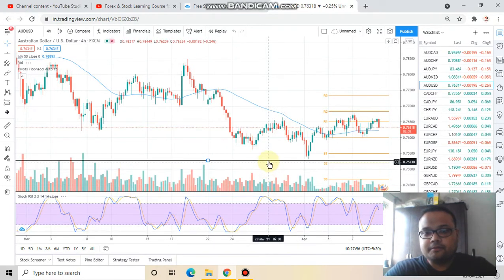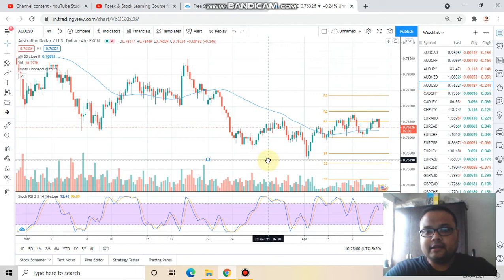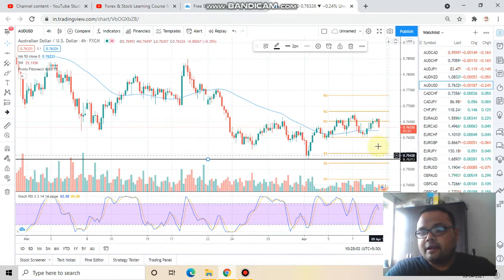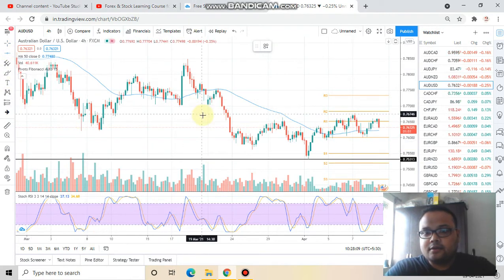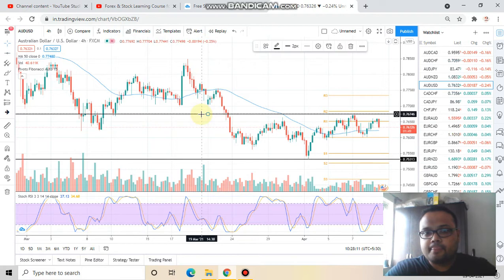As I mentioned, this is the ultimate level to short the market. If market crosses this level, then you'll get a good opportunity to short the market. But right now market is in a range, this range.